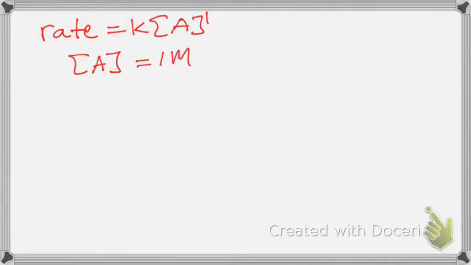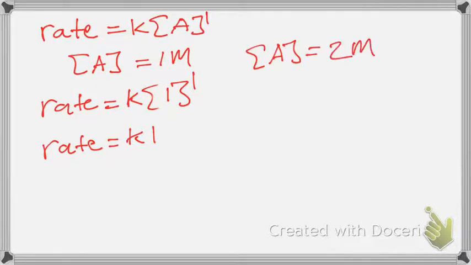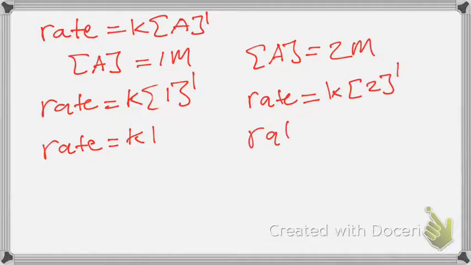If we plug that into our rate expression, raised to the first power, then the rate is just simply K times 1. But if we double the concentration of A to 2 molar, then the rate is equal to K times 2 to the first power, which is simply the rate is equal to K times 2. So in other words, by doubling the concentration, we're going to double the rate.